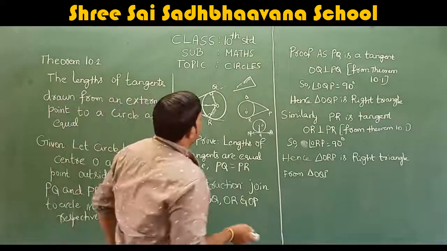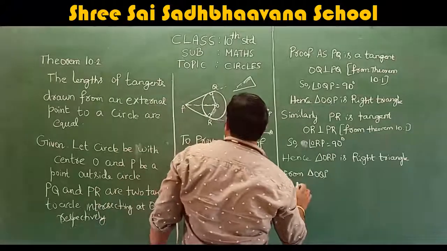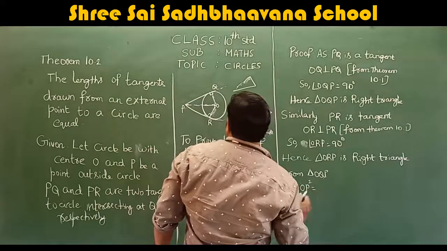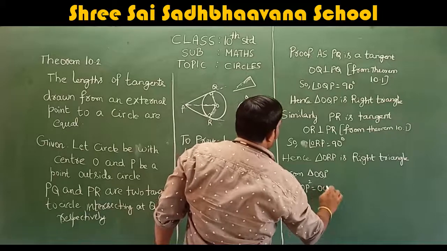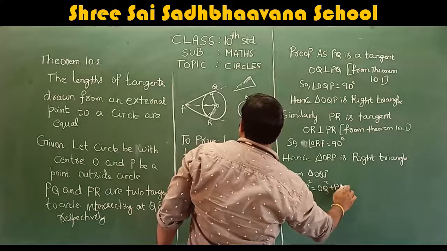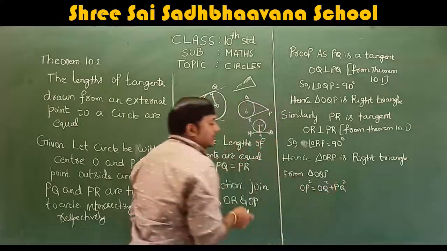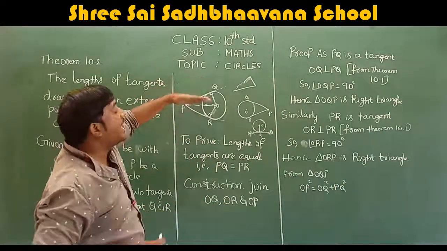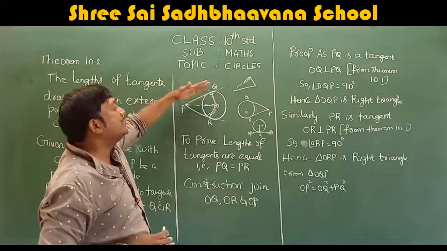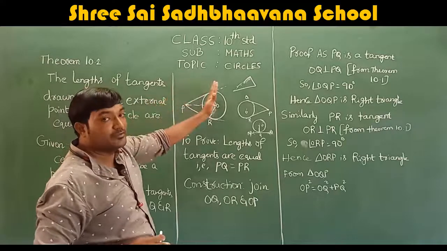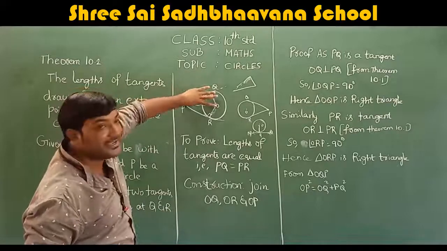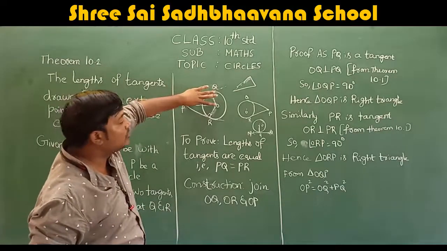So I will write OP square is equal to OQ square plus PQ square, because from the Pythagoras theorem, we know that the hypotenuse square is equal to the sum of the squares of the other two sides. So if OP is the hypotenuse, I am squaring OP.